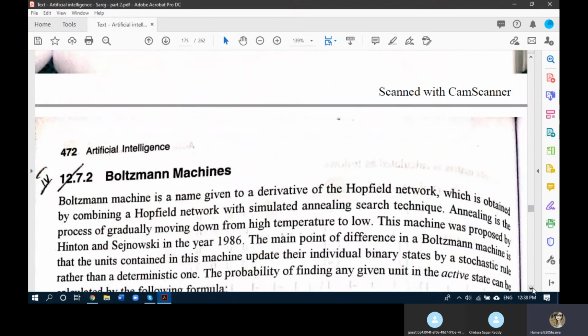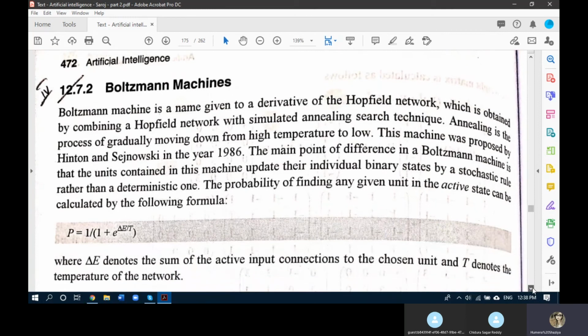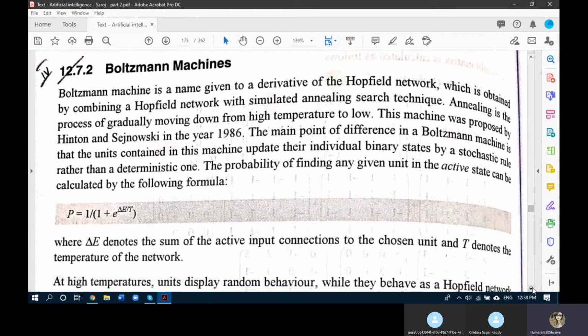Okay, that was about Hopfield network. Any doubts in Hopfield network? Next, going forward, Boltzmann machine. Boltzmann machine is a type of network which has been derived from Hopfield network.